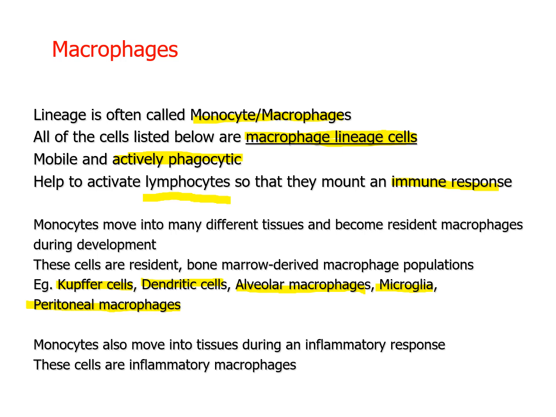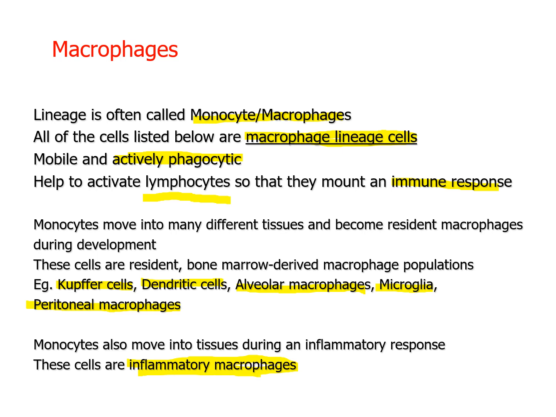The other kind of macrophages you have are the ones that are responding to inflammatory signals. They are there because monocytes moved out of the bloodstream into the tissues due to an inflammatory trigger, like something foreign getting into your body. And these are called inflammatory macrophages.